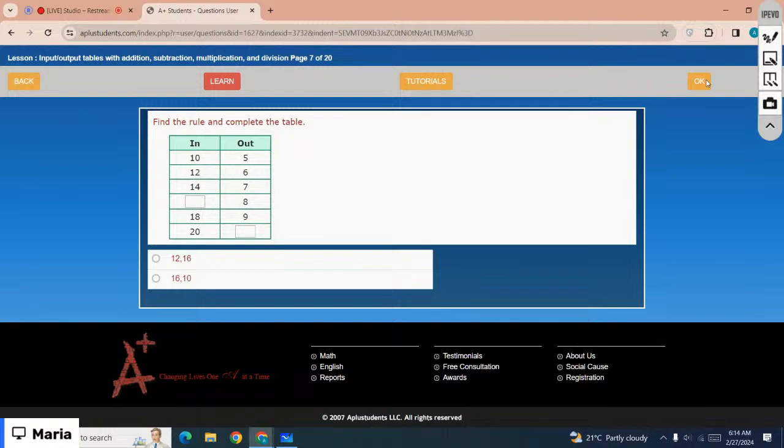The correct option is 16 and 10, right? The correct option is 16 and 10.